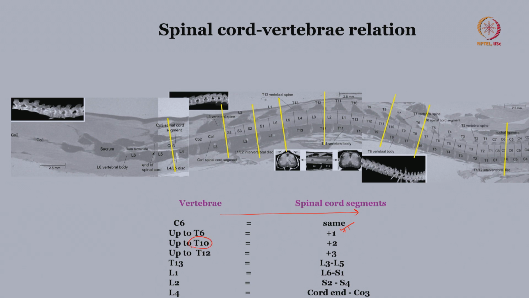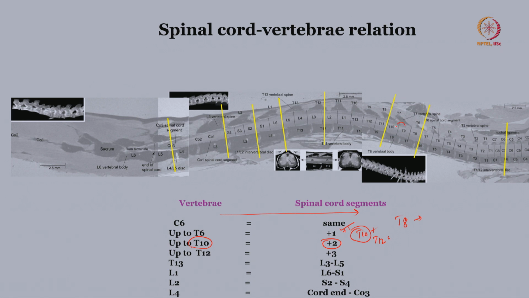Till T10 you need to add +2, that is, if it is T10 vertebra, the cord segment within the T10 thoracic vertebra is the T12 cord segment. If it is T8 vertebra, you will be dealing with T. You can understand it better by having a look at this.